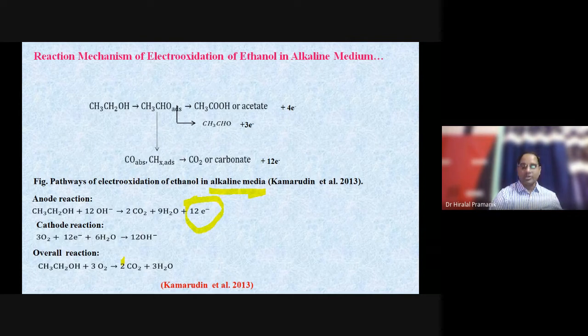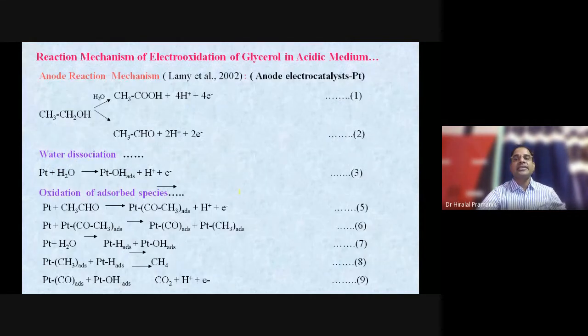very much important. This is the acidic medium, where it follows two parallel consecutive paths. If you want CO2 as the final product, then these intermediates will form. And if acetic acid is the product, the intermediate products are formed and CO2 formation is almost nil.